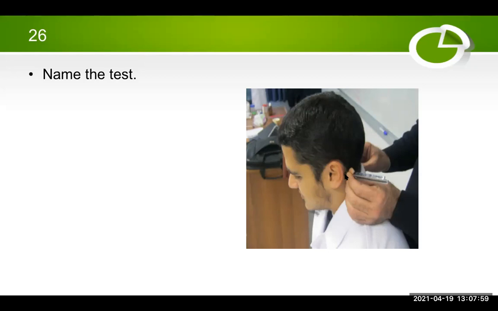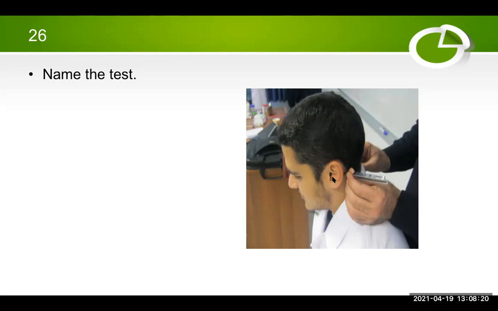Then immediately, I bring the top of the tuning fork right in front of the ear and ask whether the patient can still hear. If the patient says they can still hear it, that means air conduction is better than bone conduction, which is normal.